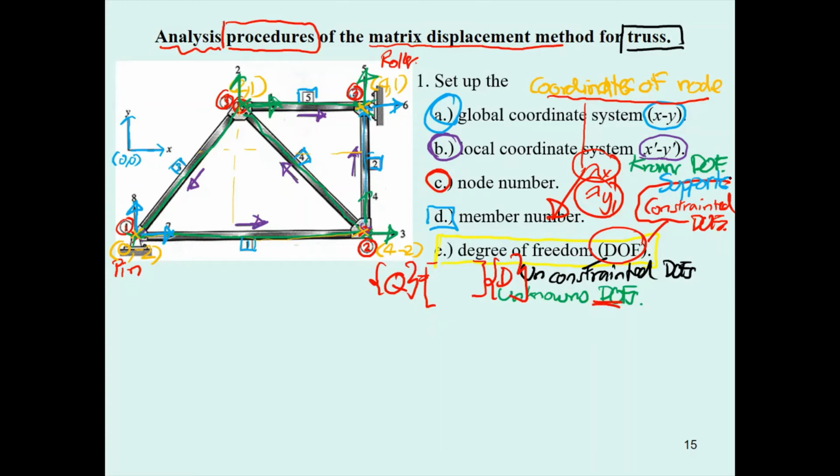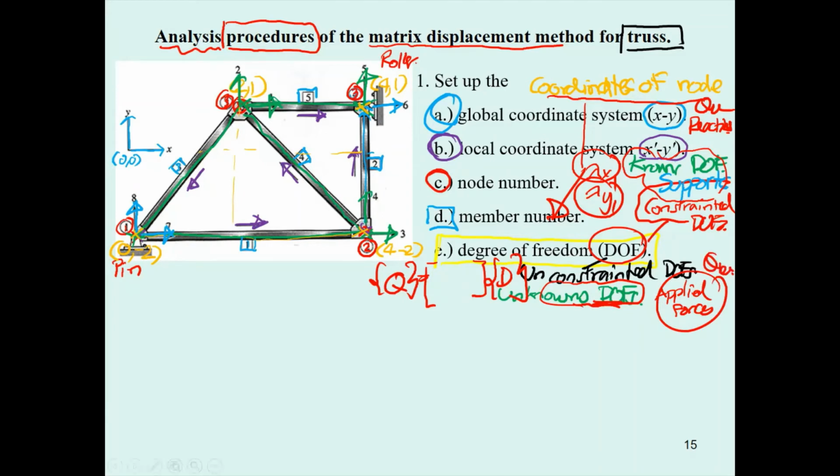This has been discussed, and you can see the known degrees of freedom here will provide you with the reactions, which is going to be Q sub U. And this unknown degree of freedom will be the node for the applied forces. This is going to be Q sub K.